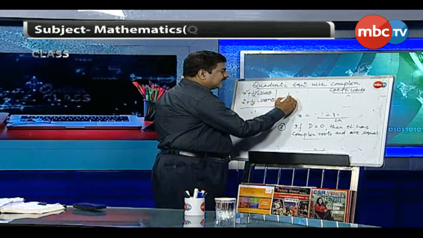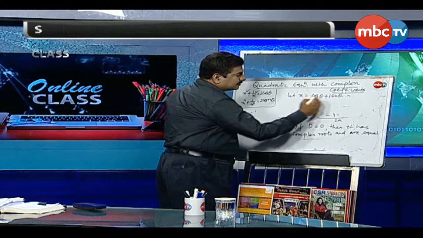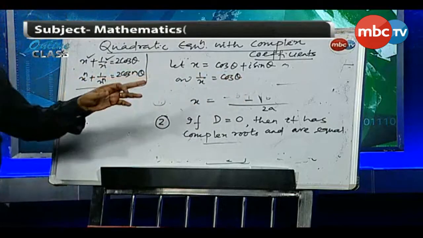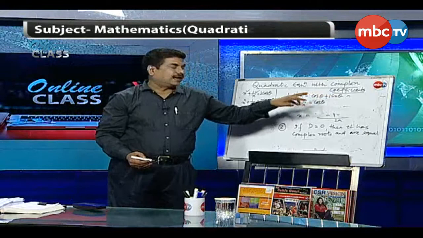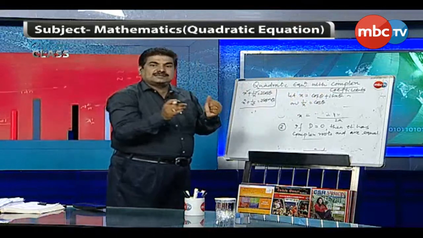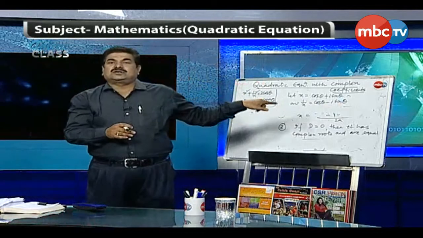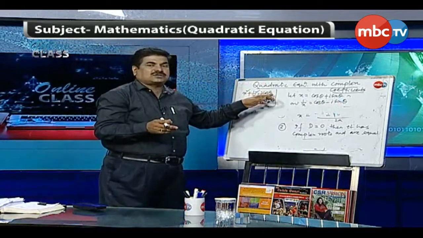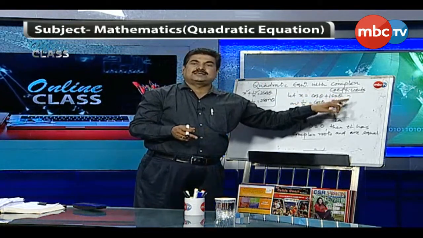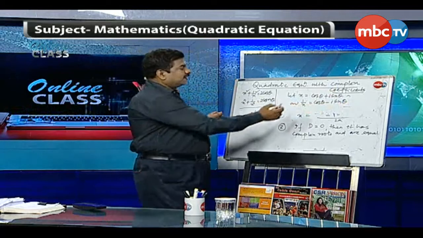Let x be equal to, suppose, cos theta plus i sin theta, and 1 by x is automatically a complex number, cos theta minus i sin theta, the conjugate of this complex number. Here you see the given condition is x plus 1 by x is 2 cos theta. x is cos theta plus i sin theta, and 1 by x is cos theta minus i sin theta. If you add these two terms, then this is equal to 2 cos theta.